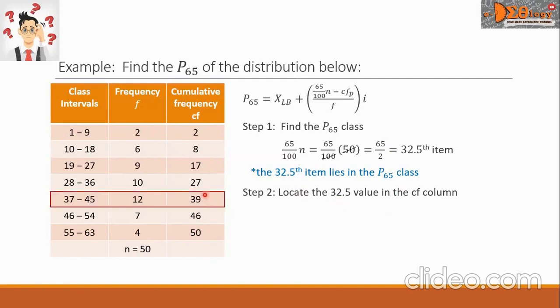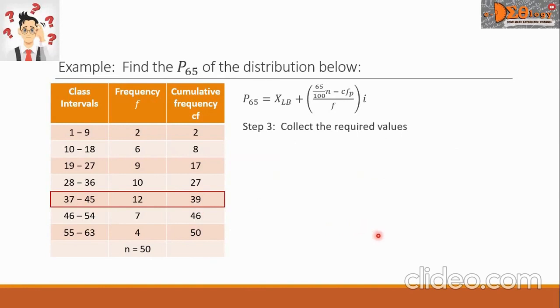We can see that it is here. And this 37 to 45 is the P sub 65 class. For step 3, let us collect the required values of the formula. We started with that 65 over 100 times N from step 1, and the value is 32.5.